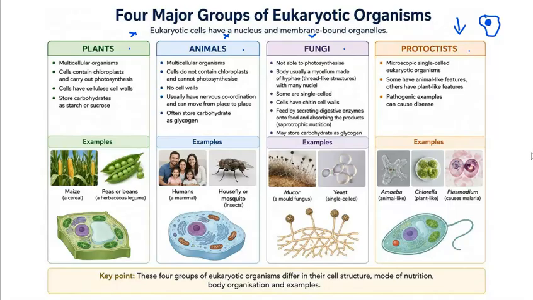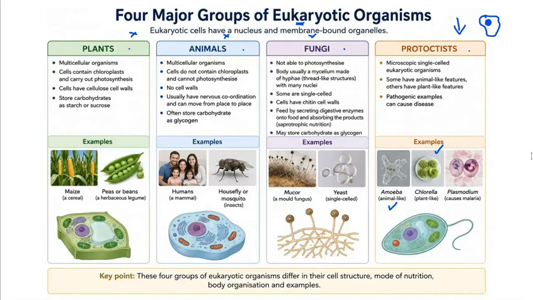So Protoctistans are cells. They have a nucleus, making them eukaryotes, but they only exist as single cells. Some of those single cells are almost animal-like, and others are more plant-like and carry out the process of photosynthesis.